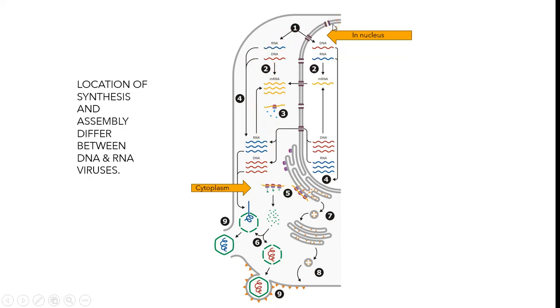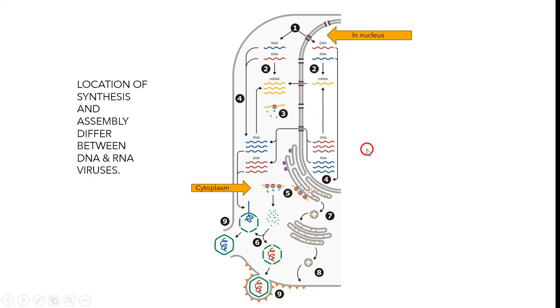If it is a DNA virus, most of the synthesis is going to occur in the nucleus. Now, the protein synthesis, as you may recall from the last chapter, occurs within the ribosomes, and those are going to be found on the rough ER and out in the cytoplasm. So they're going to be found outside of the nucleus for the most part.